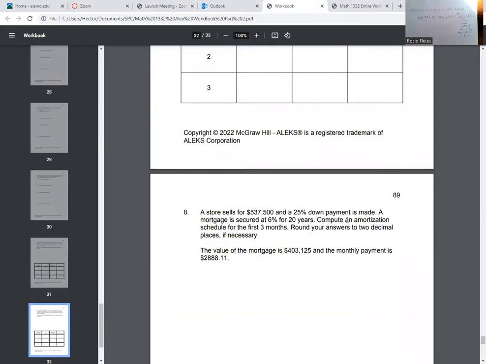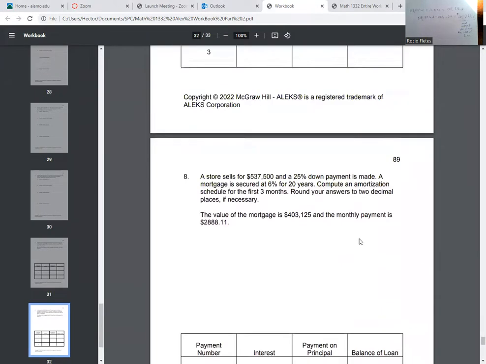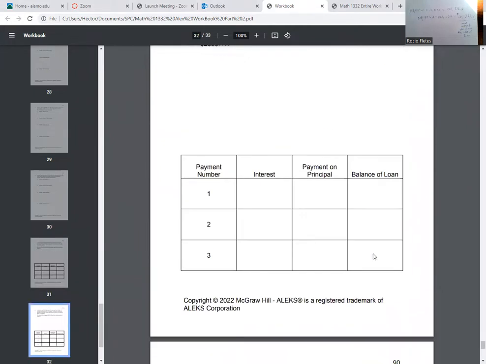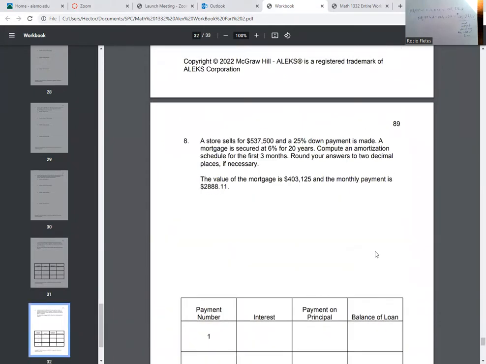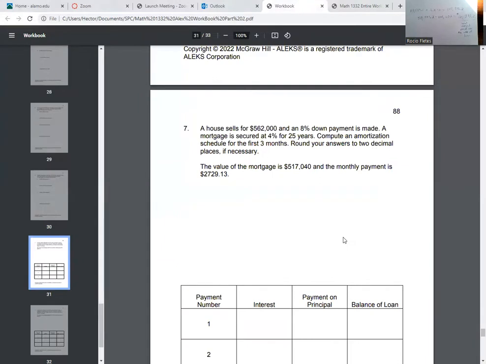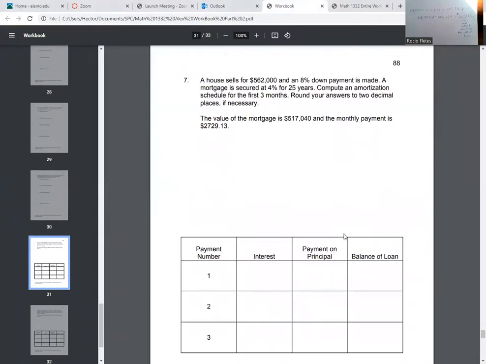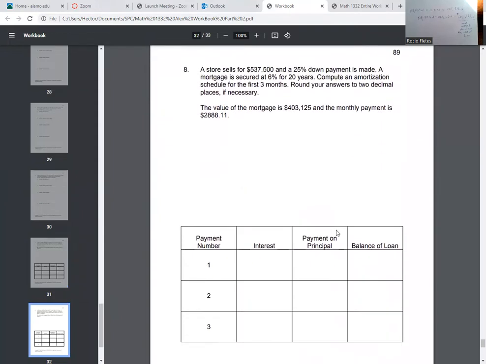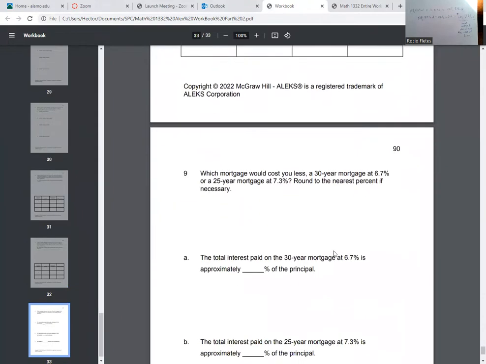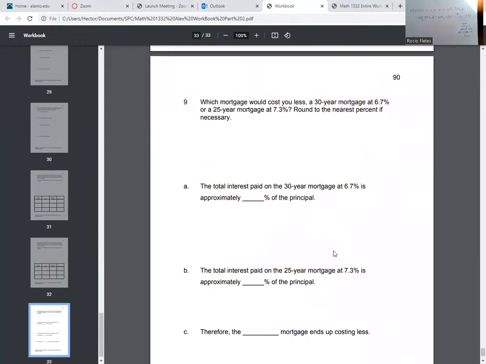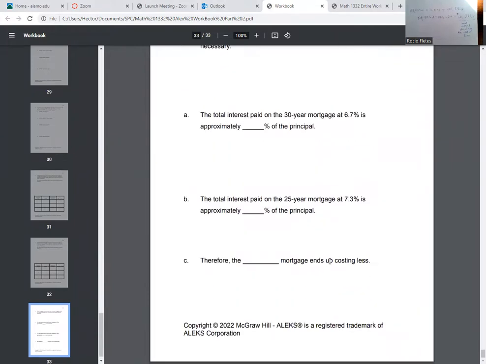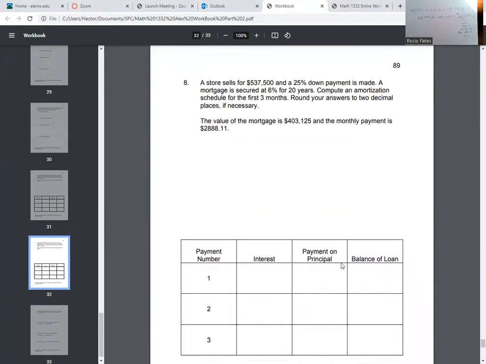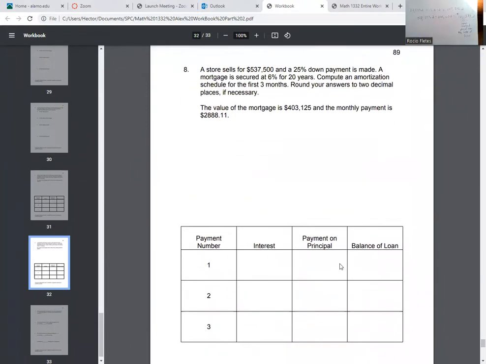So I'm going to do 8, which is just like 7, and you can do 7. We're going to compute an amortization schedule. I also want to do 9, so I'll do 8 and 9. That's going to be the last 2 questions. Okay, so I'm going to do number 8.